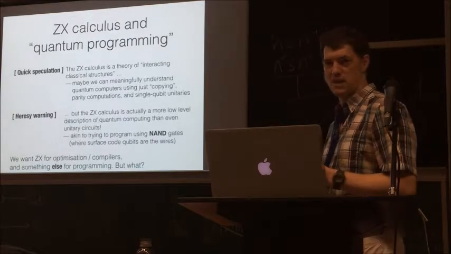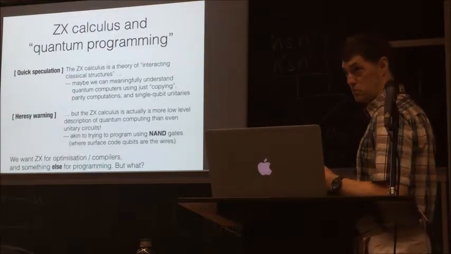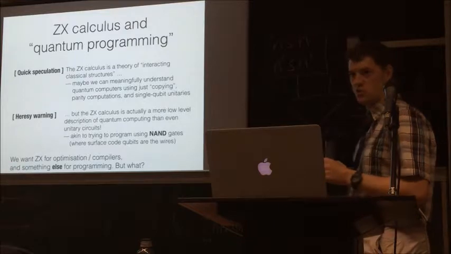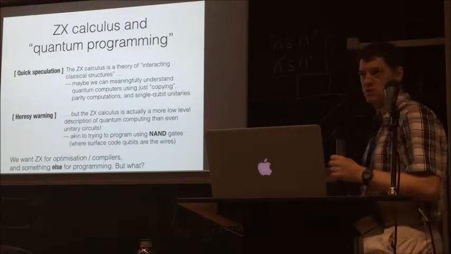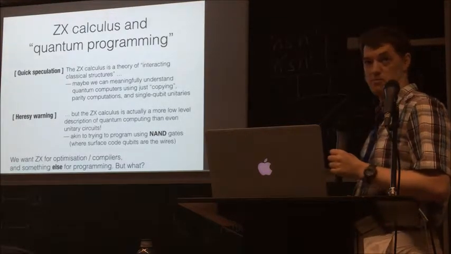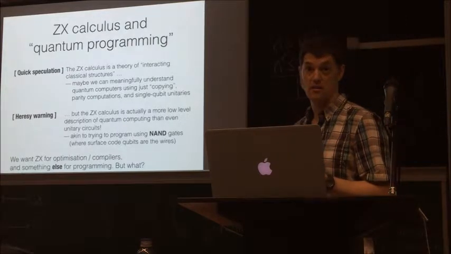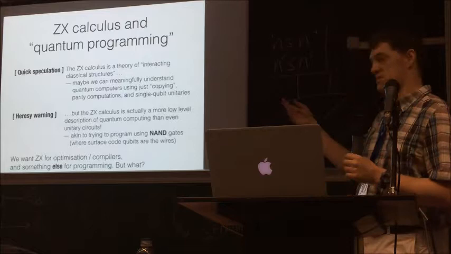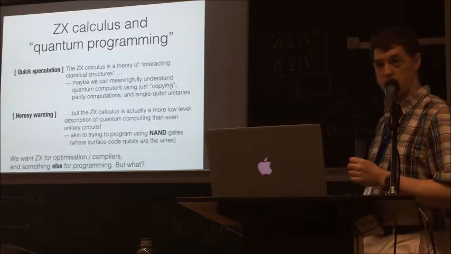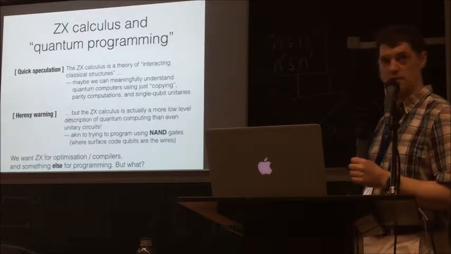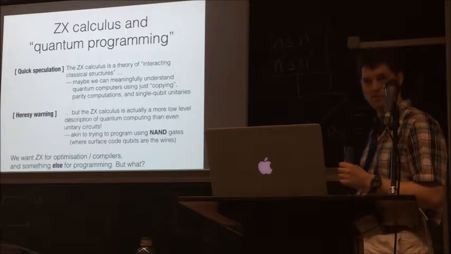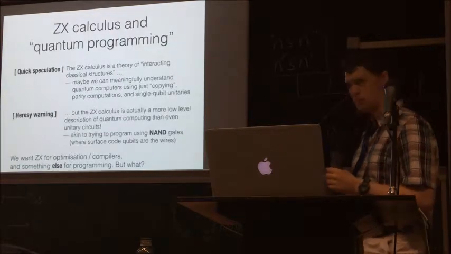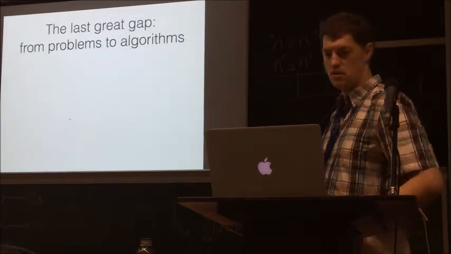You want to have a computer take care of which particular physical qubits you're working with. You want to say, I want to do a controlled-NOT between qubits A and B, and let the compiler determine precisely who A and B are, according to what space is available on your hardware. That's what the ZX calculus will be useful for, but for programming, for actually describing new procedures, we're probably going to need something else.